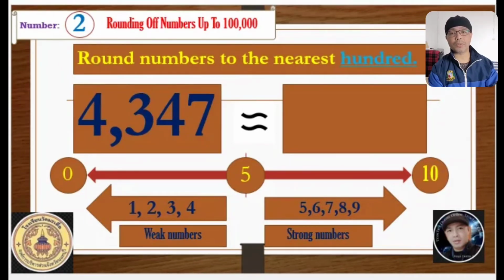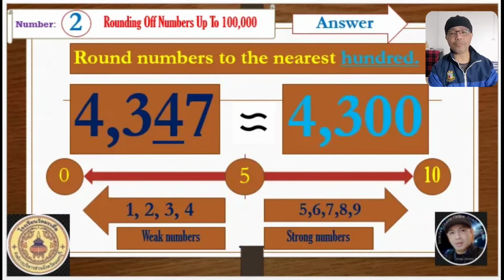Question number 2, round numbers to the nearest 100, 4,347. The answer is 4,300.